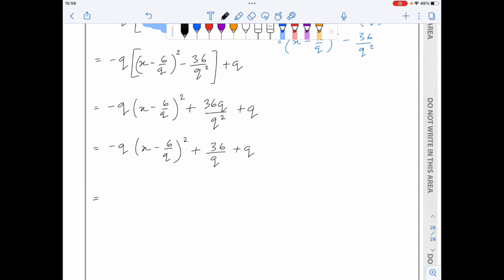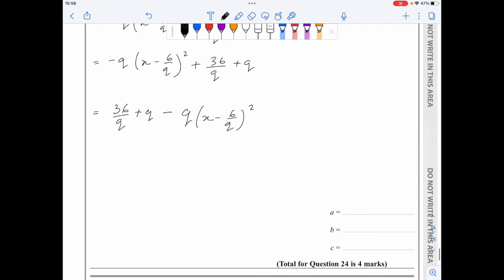Finally, I'll write it in the correct order. 36 over q plus q minus q bracket x minus 6 over q squared, which means that a is 36 over q plus q, b is the letter outside the bracket, which is q, and c is 6 over q.